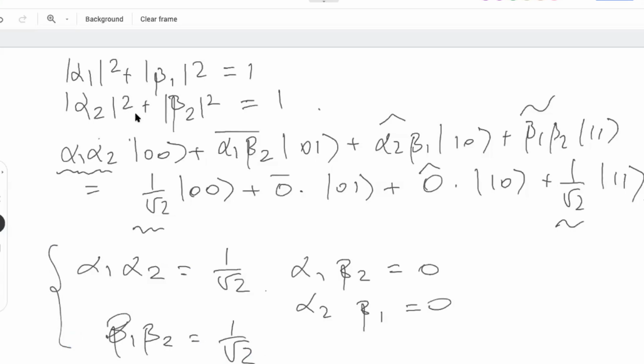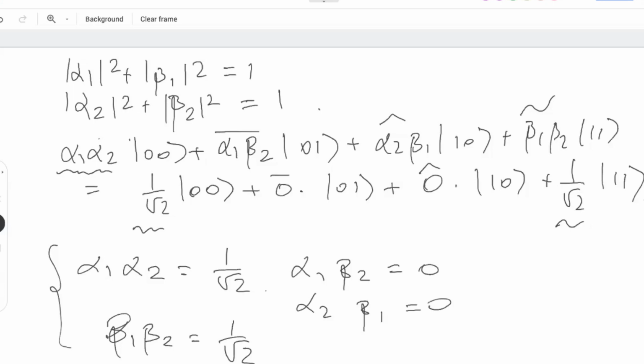So from these two equations, one of alpha 1 and beta 2 has to be 0, and one of alpha 2 and beta 1 has to be 0. There are a bunch of cases that we can see here.